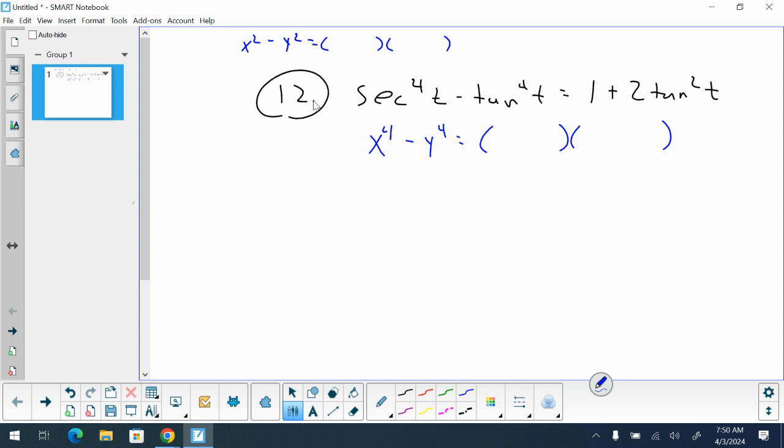How would x squared minus y squared factor? Difference of perfect squares.